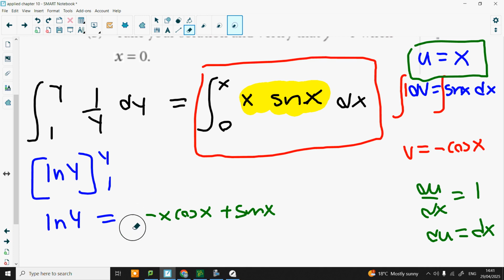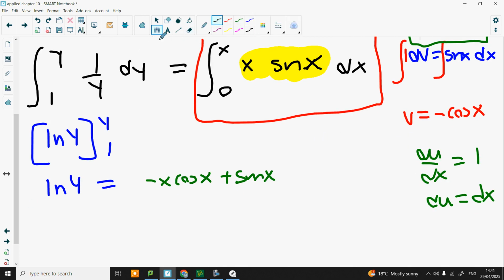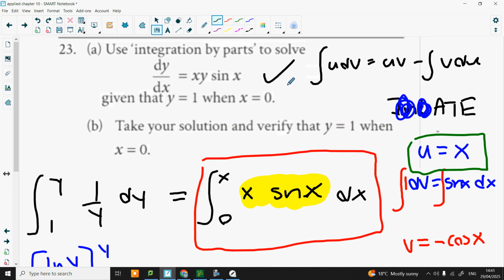So in a way, I could just do this. Okay. And our answer will be what then? Yeah. So raise it to e, and it's e to the power of minus x cos x plus sin x. Yeah, that's your answer. Okay, deep breath, part 1 done.